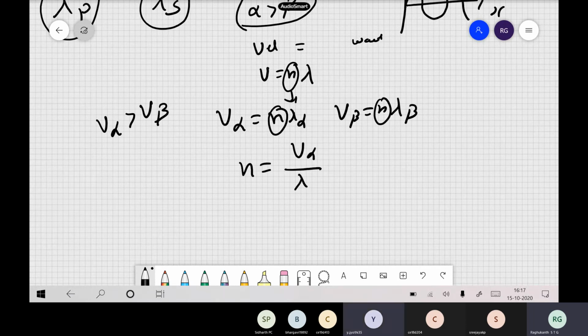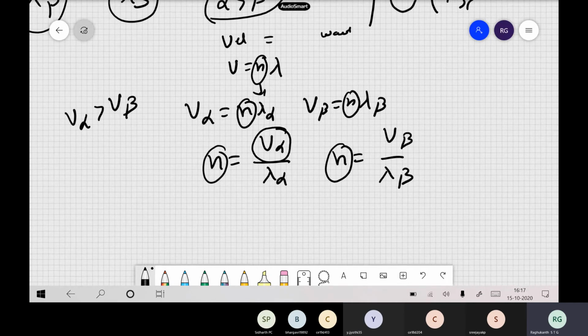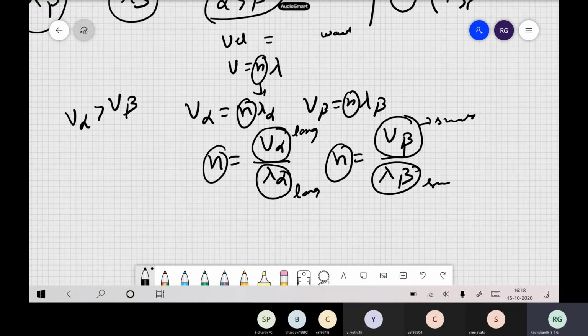So n is equal to v alpha by lambda alpha, and n is equal to v beta by lambda beta. For the same frequency, n has to remain the same. Now v alpha is more than v beta, v beta is very, very small actually. So to get the same frequency, the lambda of a P wave will be very long, whereas lambda of the S wave will be very small.